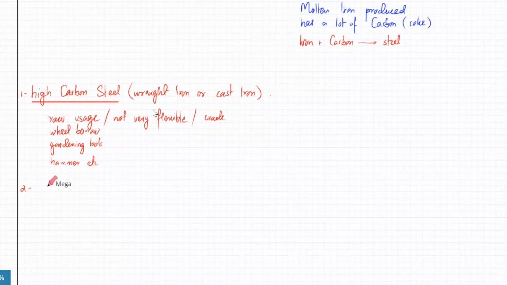That's number two. What is done is oxygen is blown through molten iron.